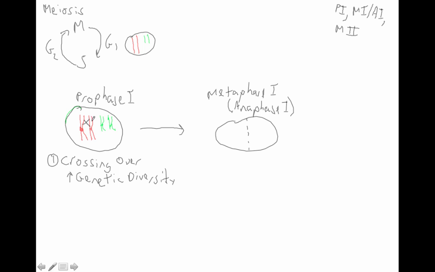And we want to take this other one and place it into another cell. Same thing with the green ones, and same thing with all the chromosomes. And to accomplish this, what happens is that the red chromosomes, homologous chromosomes, line up on either side of this metaphase plate line here, as well as the green chromosomes.